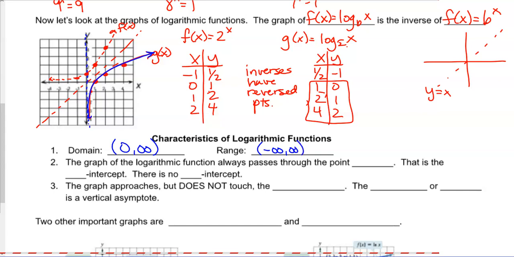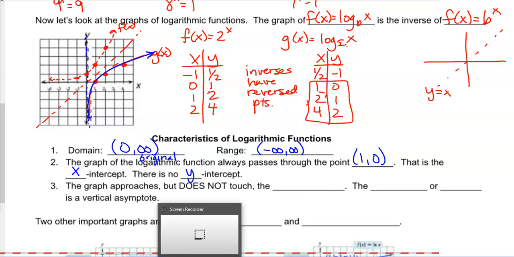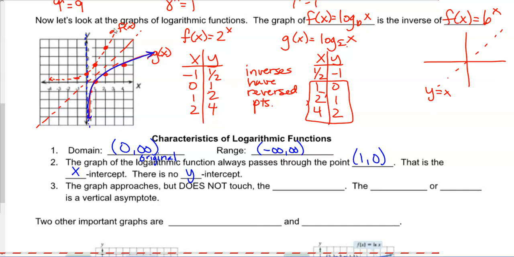Now, the graph of the logarithmic function always passes through the point 1, 0. Maybe I should say of the original logarithmic function, with no transformations whatsoever. And that is always going to be the x-intercept on the original, and there are no y-intercepts on a logarithmic function, and that's vice versa for our exponential.